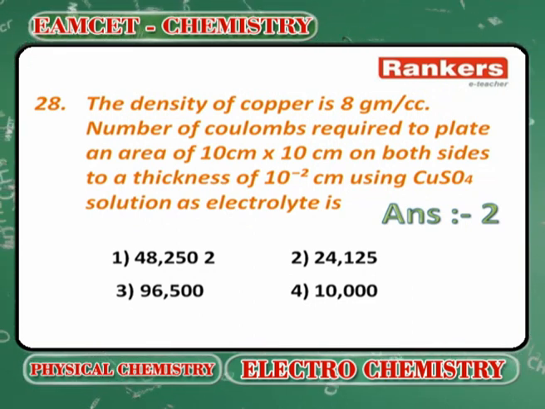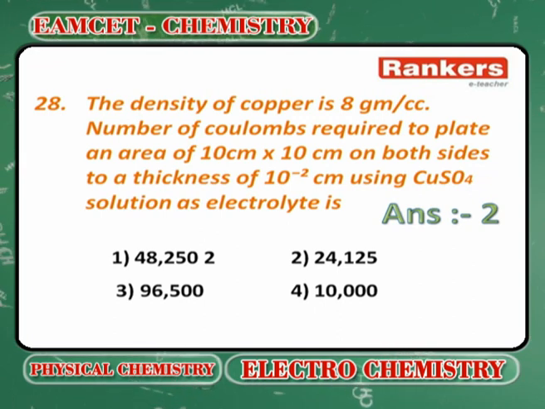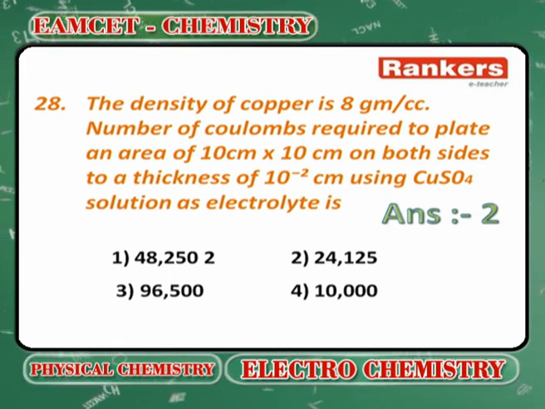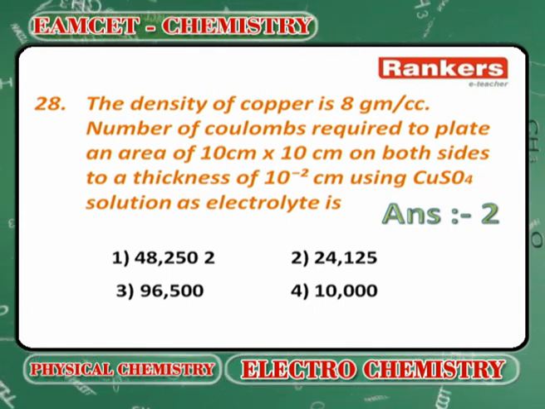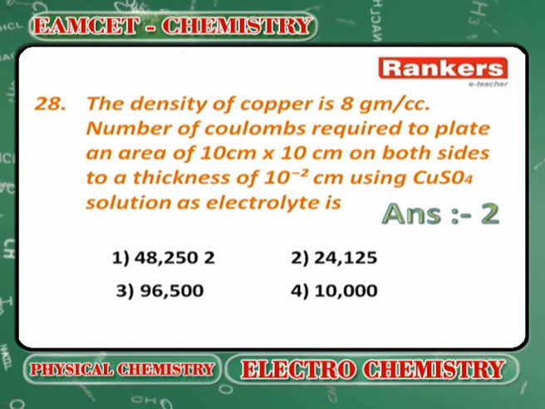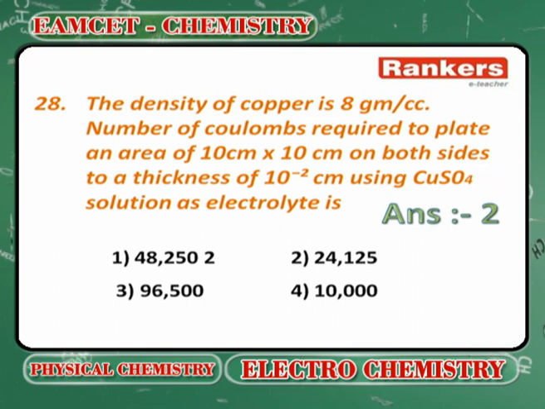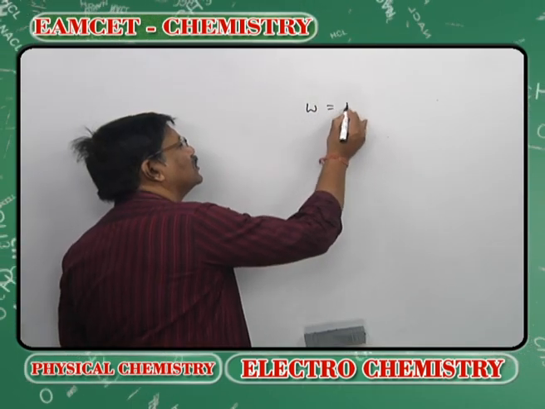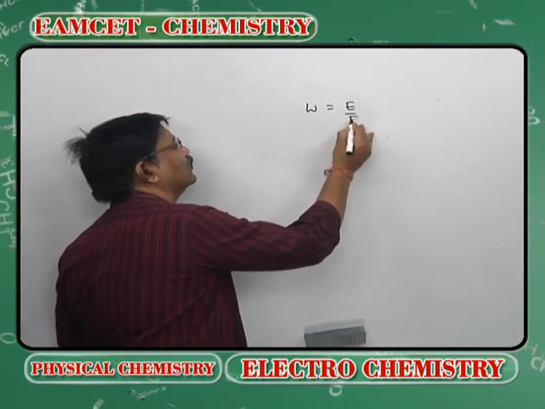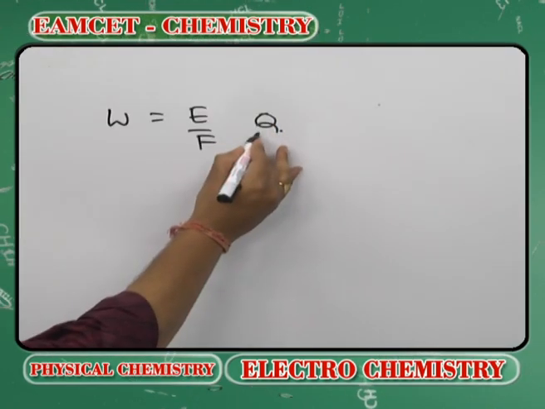The density of copper is given. Find the number of coulombs required to plate an area of 10 into 10 centimeters with thickness 10 to the power of -2 using copper sulfate solution as the electrolyte. Here what we have to find? W is equal to E by F into Q, so we have to find the Q value.